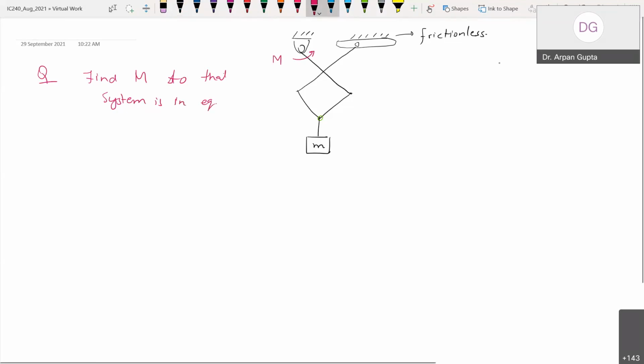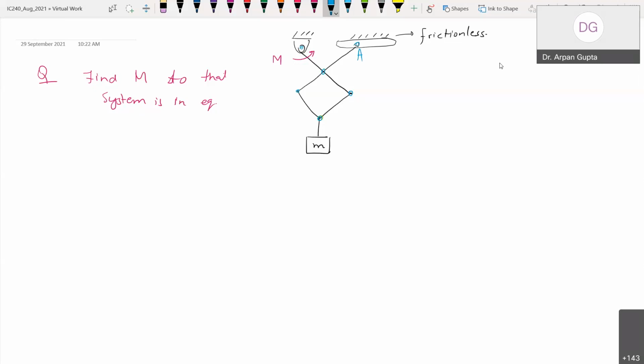So you can imagine this system. These are all pin joints which can freely rotate, and there is no friction in this system. And this pin here, let's say this is pin A. This pin A can freely move in this slot, right?